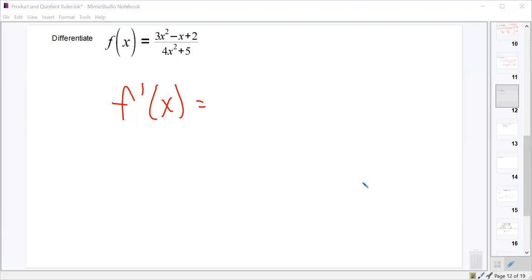So what do we think here? What should f prime of x equal? Somebody read out to me what they got. Anybody?